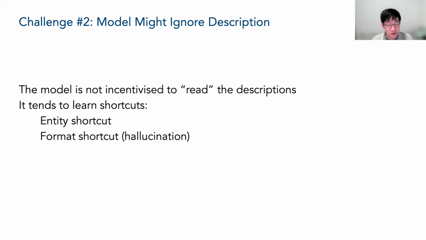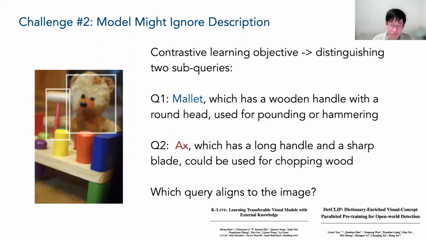The idea is that during pre-training, the objective is a contrastive learning objective. You are asking the model to align regions to words, doing contrastive learning between regions and words.